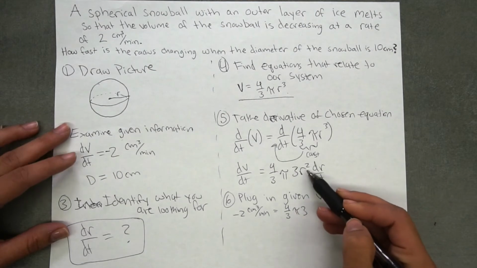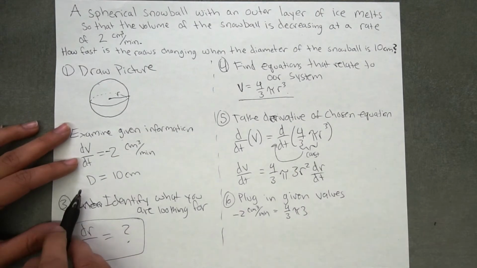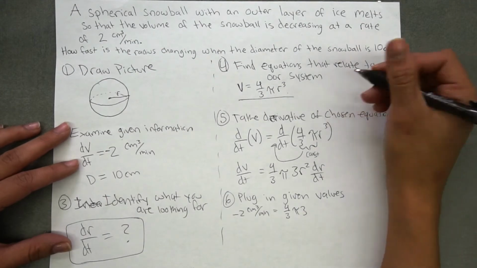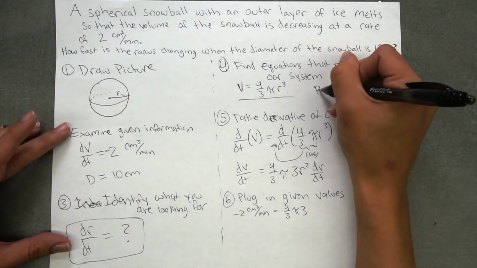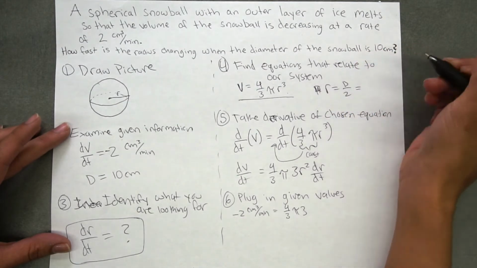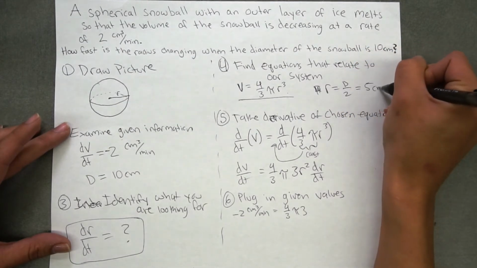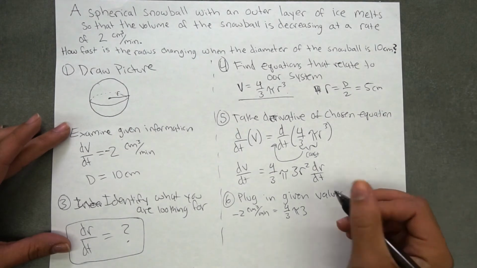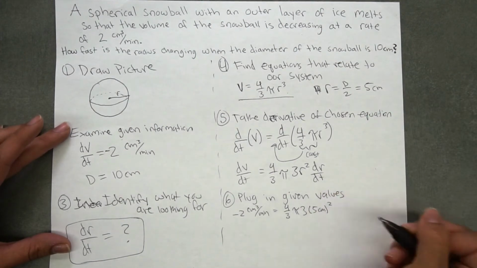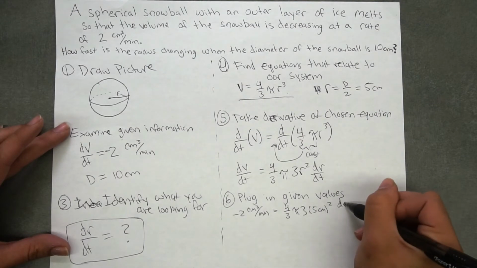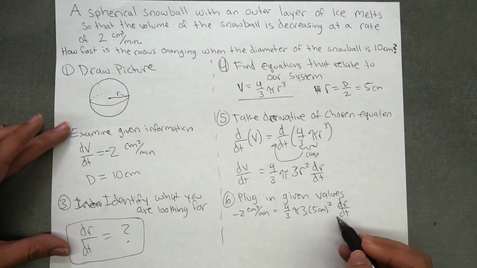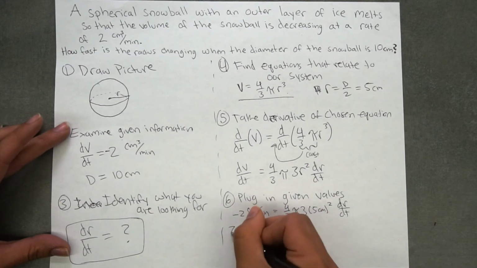And then here we have r. We're given the diameter, which is 10 centimeters, and if you remember, radius is half of the diameter, so r equals d divided by 2, which equals 5 centimeters. So we can just plug that in for r. So 3 times 5 centimeters squared, and then dr dt is what we're looking for. So now we have all this, and now we can just solve for dr dt.